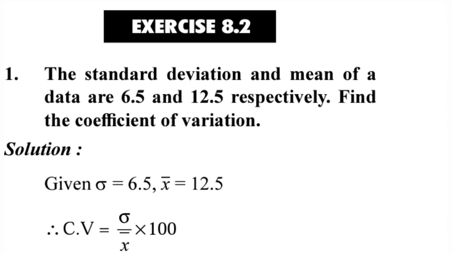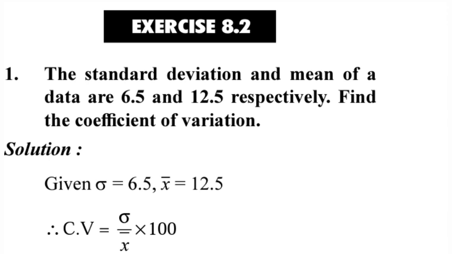We take standard deviation sigma equal to 6.5, and the mean x bar equal to 12.5. Okay, what is the value to find? That is coefficient of variation, CV equal to, what is the formula? Sigma divided by x bar into 100. CV formula is sigma divided by x bar into 100.